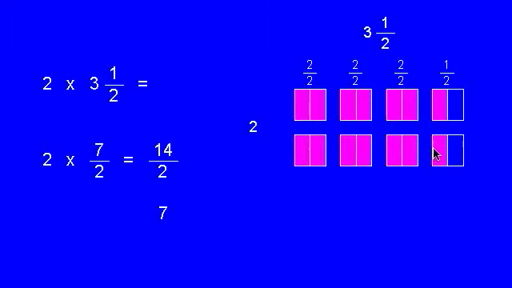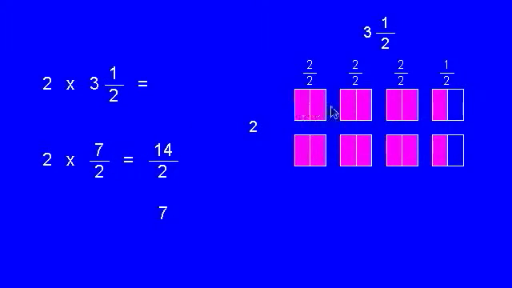So if these were in halves, we convert these into halves. Each of these 3 becomes a half. And to do that, that's the same as making the fraction improper. You have 3 wholes, each becomes 2, that gives you 6, and plus 1 is 7.